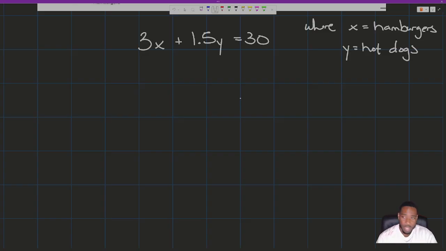Cool. So we're going to figure out how to make this equation work in terms of graphing it. And when we have an equation that's given to us in this standard form, I want you to think about two things. The x-intercept, which is where y equals 0, and the y-intercept, which is where x equals 0.